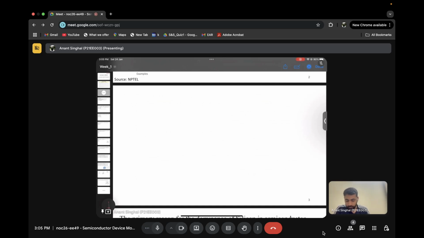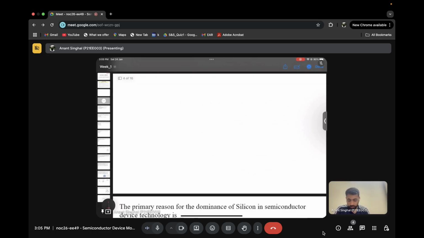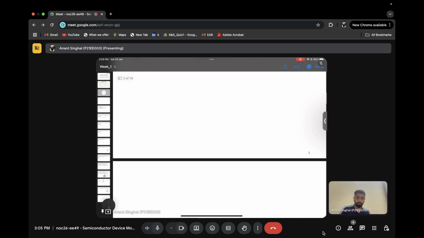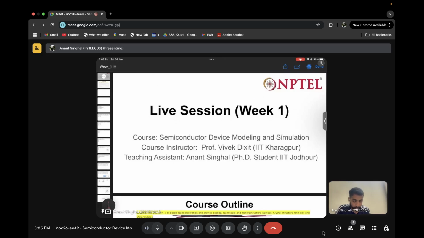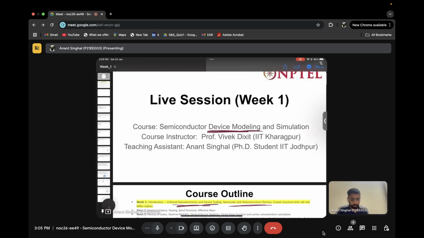Let me start with a very basic overview of, as the course name suggests, semiconductor device modeling and simulation. Initially we'll be understanding what exactly this particular word means. What is device modeling?